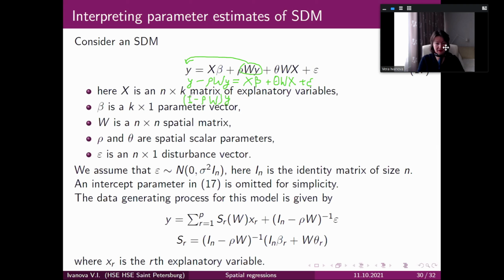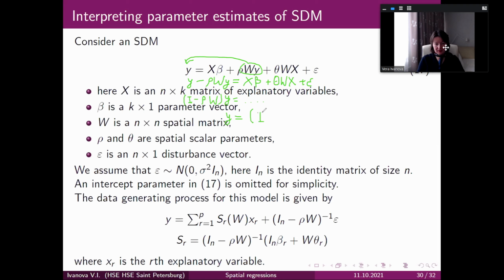This is an identity matrix minus rho W matrix, we take it out of the brackets, and the same terms. Then we need to multiply both parts of the equation by the inverse matrix.